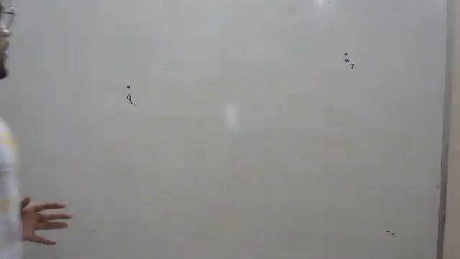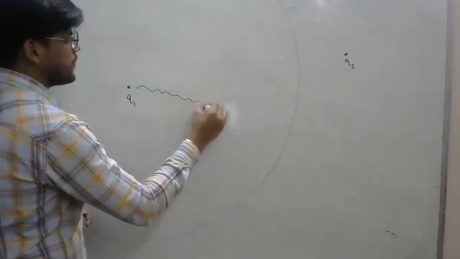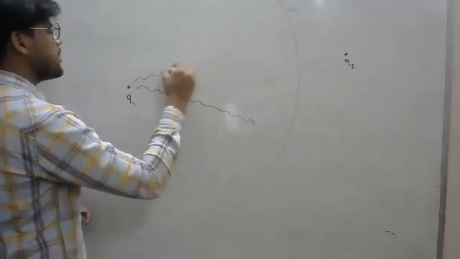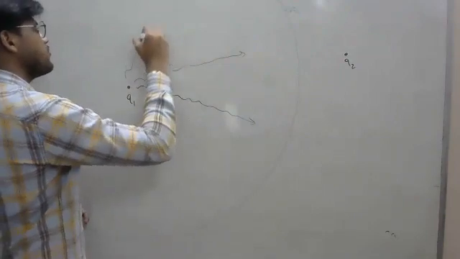What is a field? An electric field, you can say, is the space around the charge where it applies a certain force on another charge. It is the space around any charge where it can apply a sufficient amount of force.